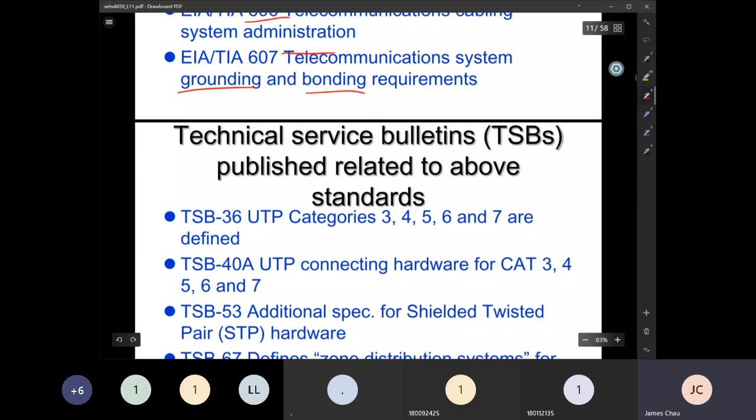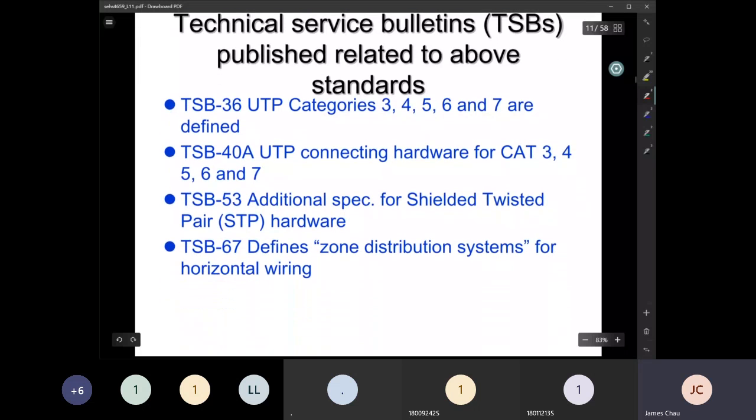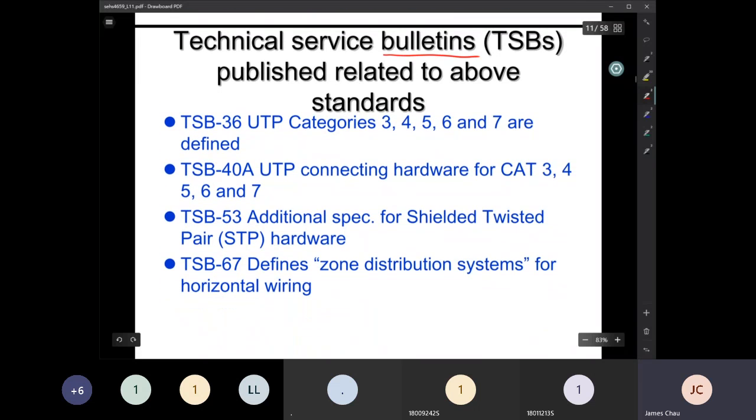Now here we introduce to you bulletins, because we told you that the standard is not a legal requirement. How can we get the information? Most likely the engineer will get the information from these technical services bulletins. They are published on the web, and they specify the cables to be used.